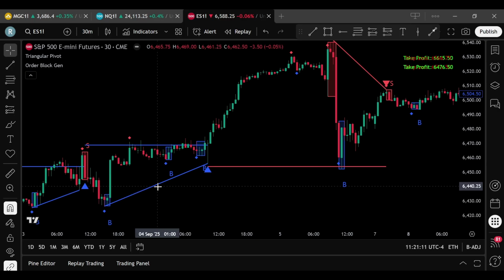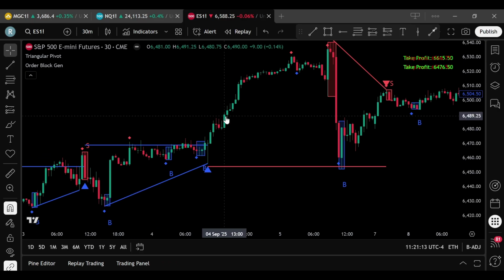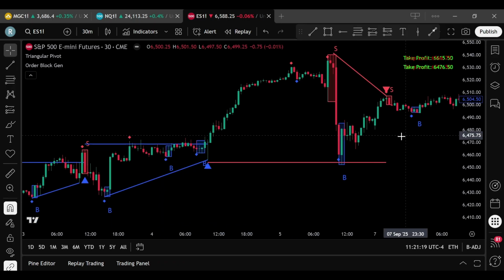We have an ascending triangle breakout with multiple order blocks forming inside of here. We do see a very deep retest into these ones, does wick through it, but the logic is still playing out where we see a strong movement up.